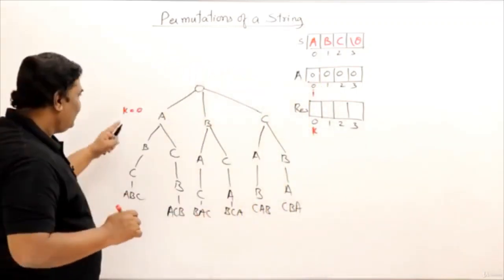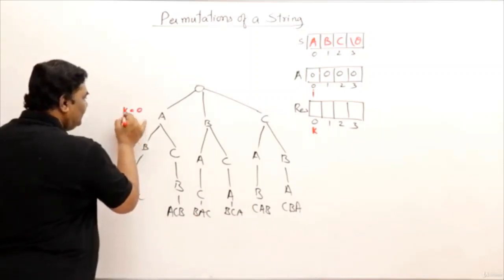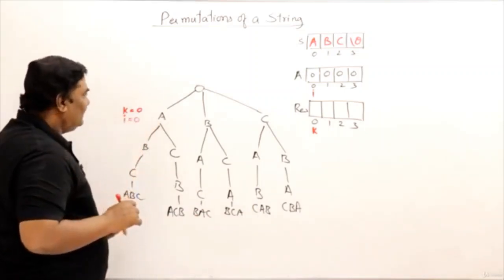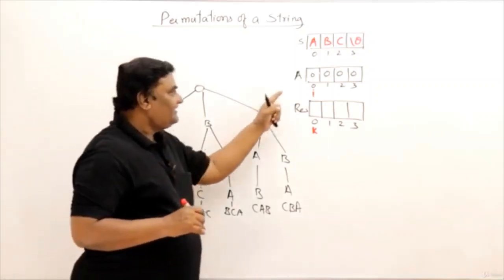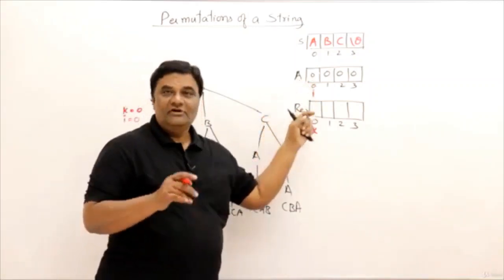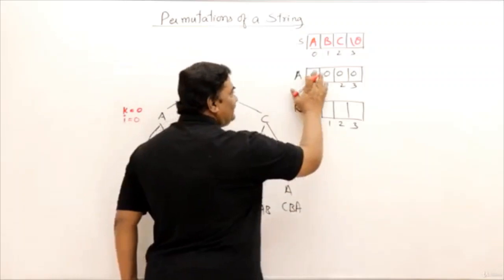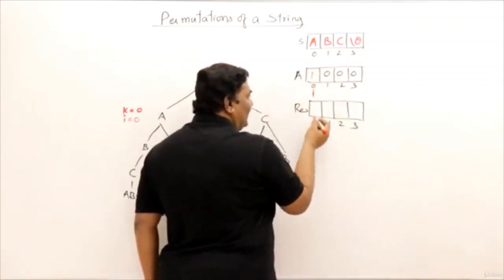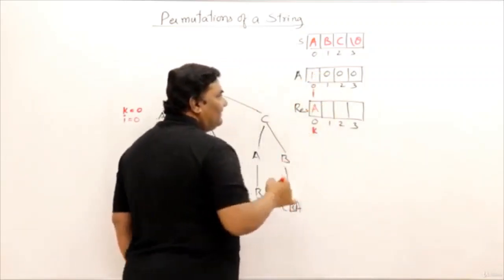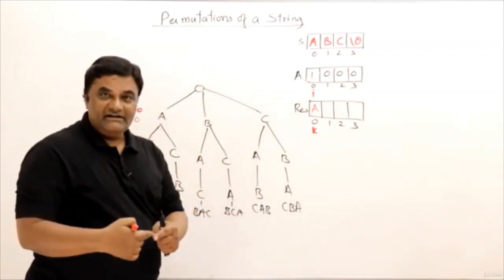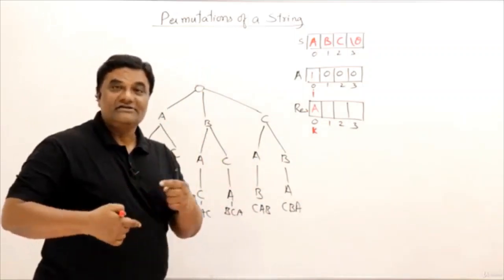So in the first call, K is 0 and I is 0 right now. In the first call we will check whether this A of I is 0 or not. Yes, it is 0, so we'll make this as 1 and write A here and call itself again recursively.